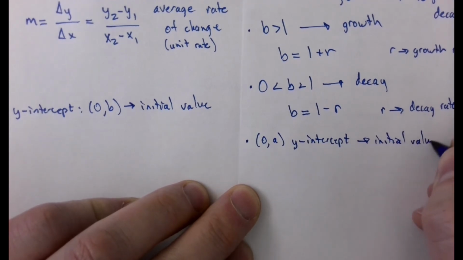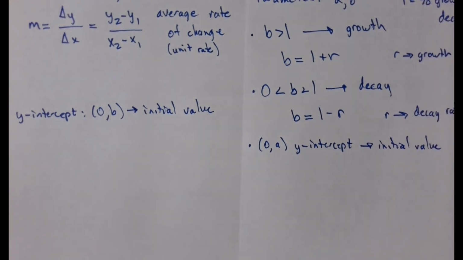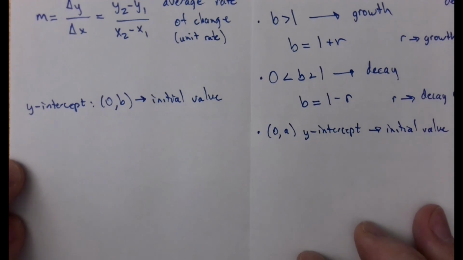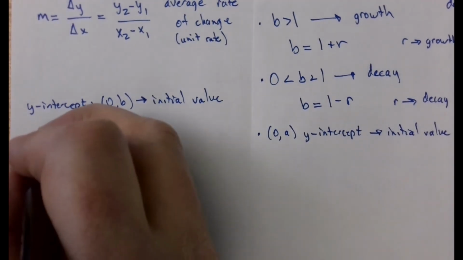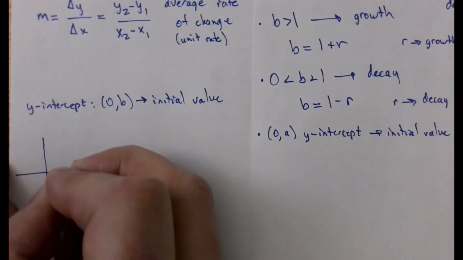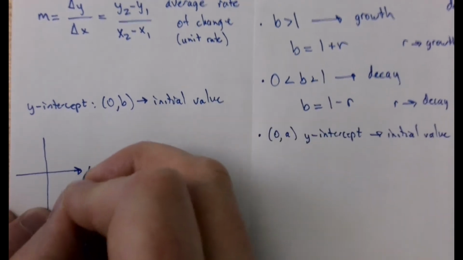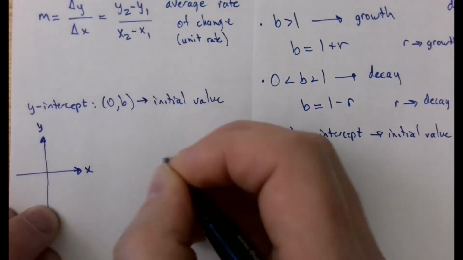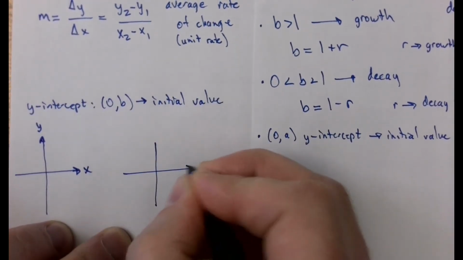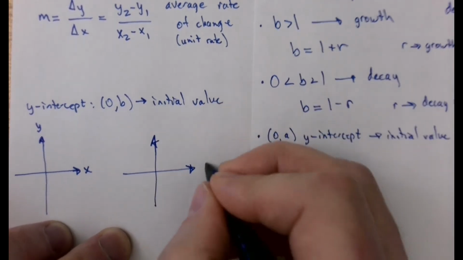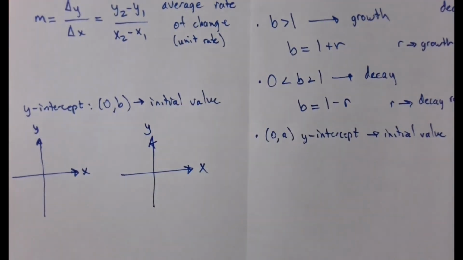Another important thing is to know what the basic shapes of the graphs are. There are actually 4 basic shapes for linear models, but there are only 2 that we're really concerned with: a growth equation, which has a positive slope.